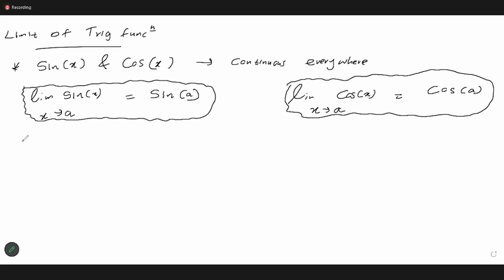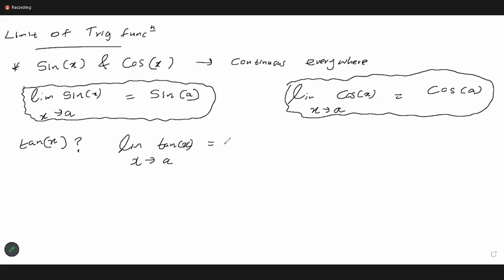Then what happened to tan? What happens to tan next? If these two are okay, then you can find what happens to tan x also, because tan x means sin x over cos x, no? So the limit of tan x when x approaches a, right?